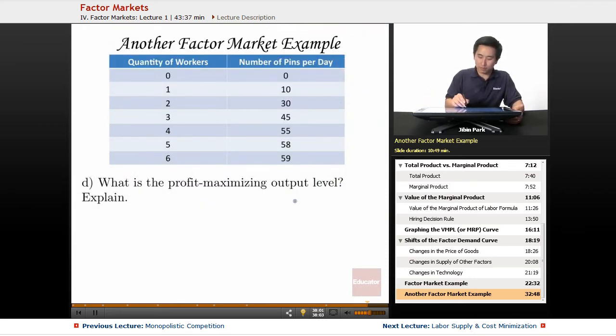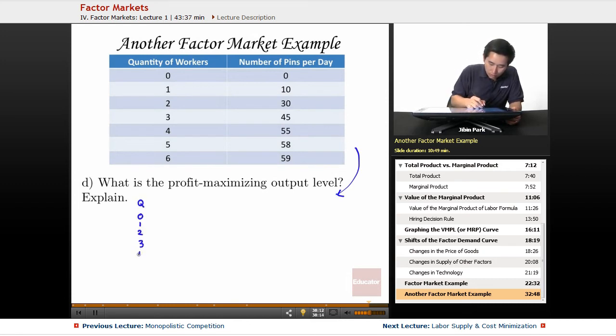So what is a profit maximizing output level? Again, let's go ahead and redraw this graph here, where there's a little bit more space. So you have the quantity of workers here with 0, 1, 2, 3, 4, 5, and 6. And you have the quantity of labor here, and this is the number of pins, and you want to go with 0, 10, 30, 45, 55, 58, and 59.